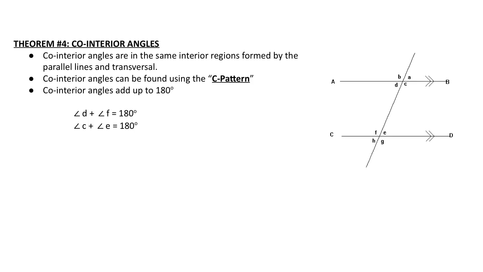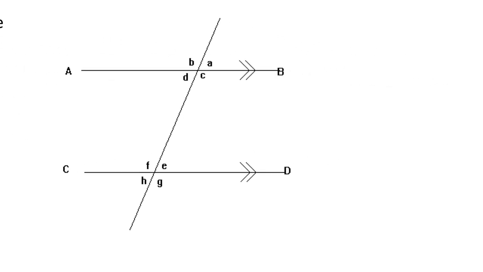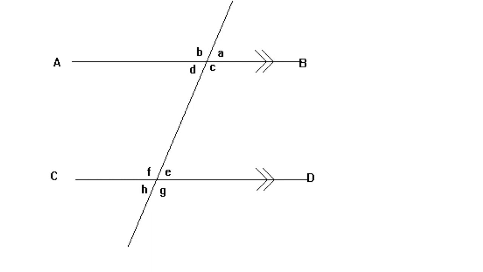So let's take a look a little bit closer at the diagram that we have here. I'm going to mark for you 2 possible C patterns in this particular diagram.